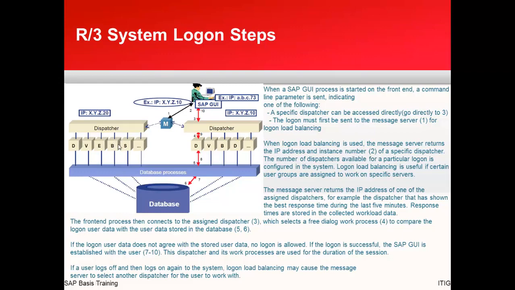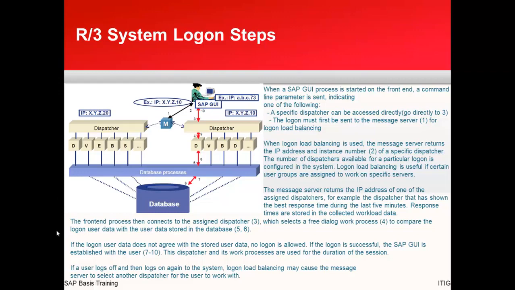In case the user wants to do some batch processing activity, some heavy activity which will trigger extensive processing and can take hours and hours, that is when the background work process will be activated. And in case we have multiple dispatchers in our environment, the message server will make sure that it redirects to the right dispatcher based on load balancing.